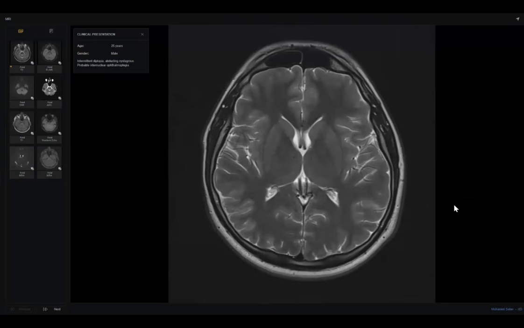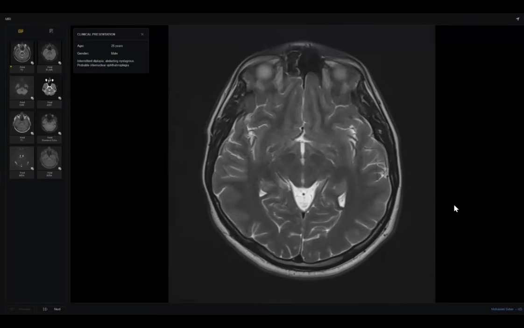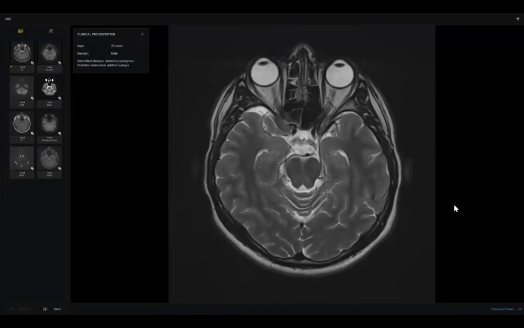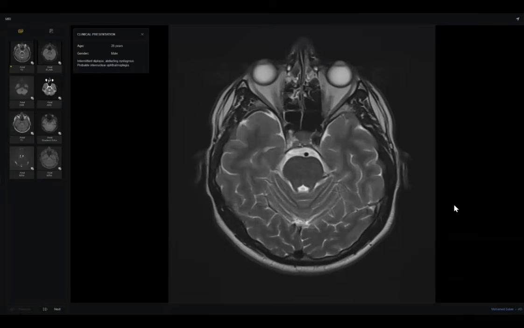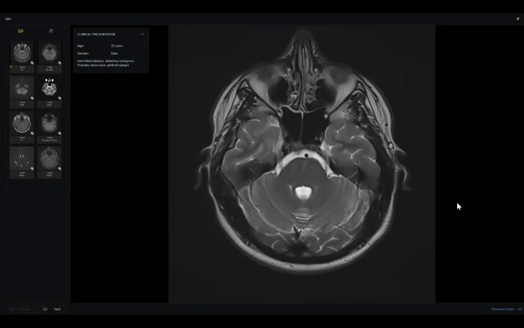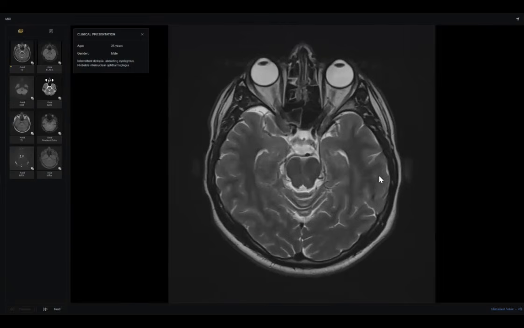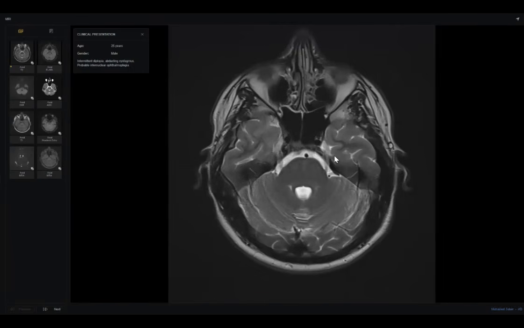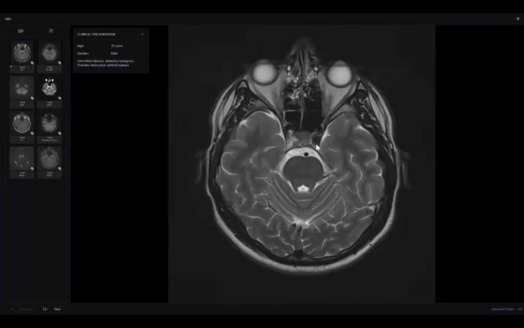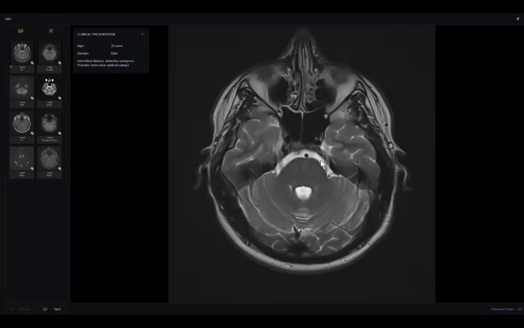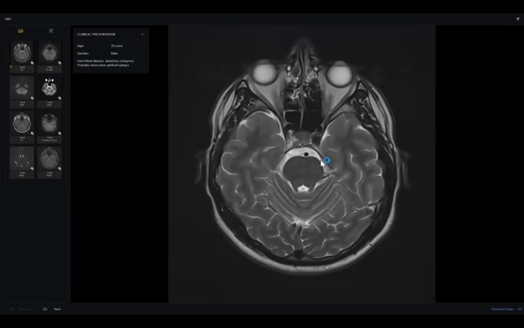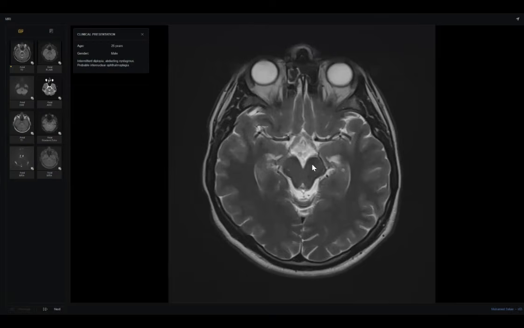So I am looking at the orbits. I am looking at the cavernous sinuses, as well as the midbrain.